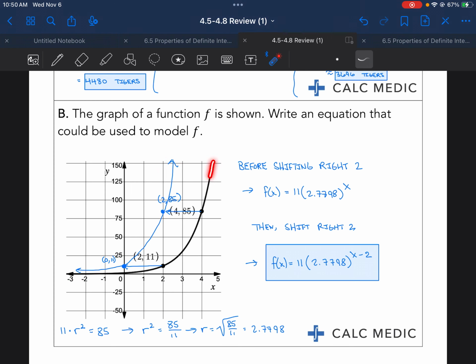Then if I want an equation for this exponential line, I just take my equation that I found for this blue one, and I just shift it right 2. So I take my equation, shift it right 2 means I would have a minus 2 in the exponent. So that's how I handled it, and it works well.